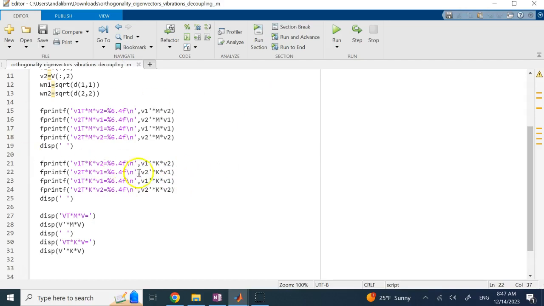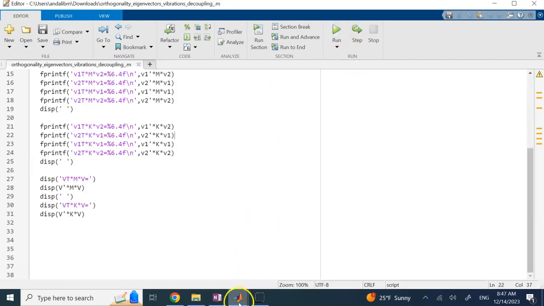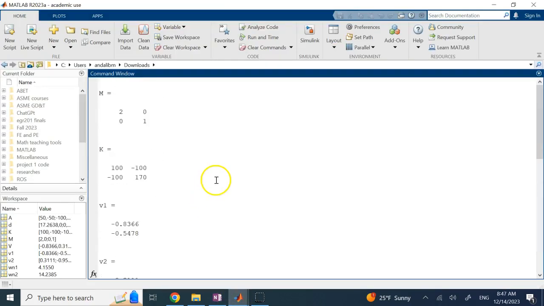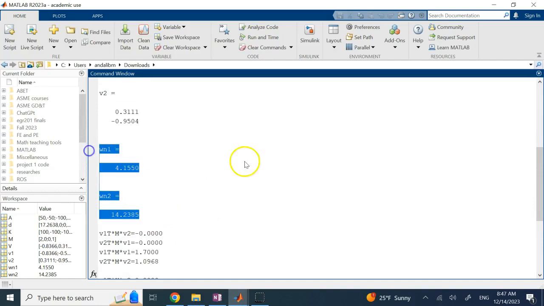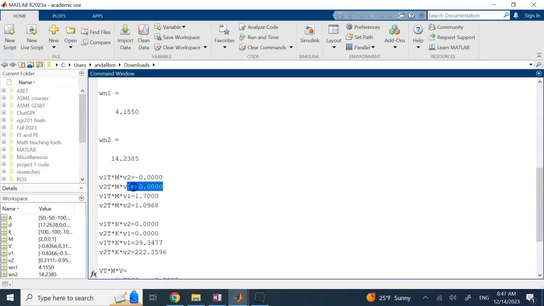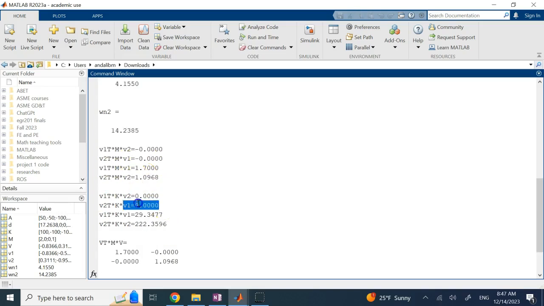Okay, so here is just to show you the results, and if I run it in MATLAB, you see that these are the eigenvectors that we found last time. These are the natural frequencies. And look here, you see that V1 and V2 with respect to M are orthogonal. Also with respect to K, they are orthogonal.